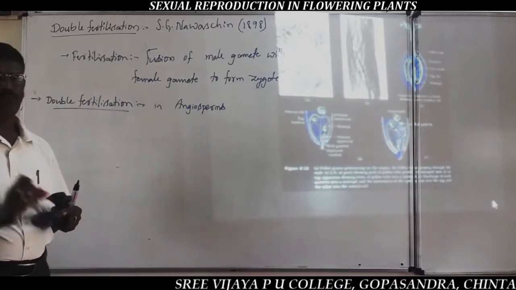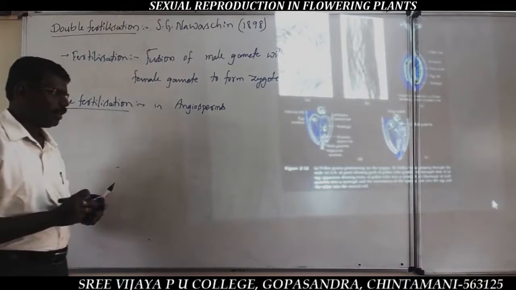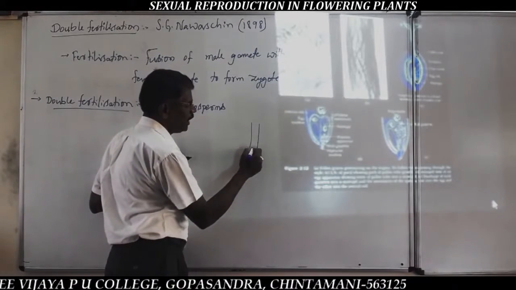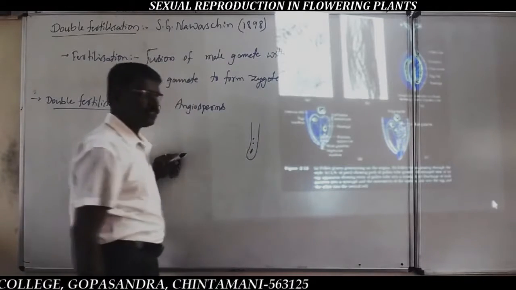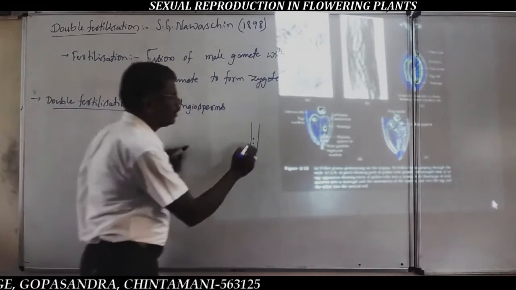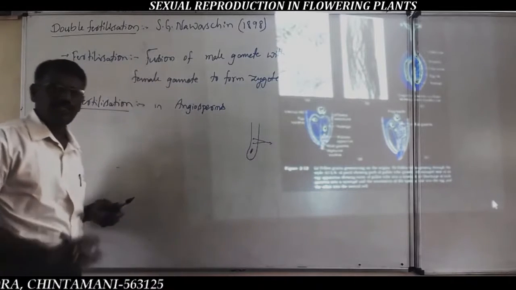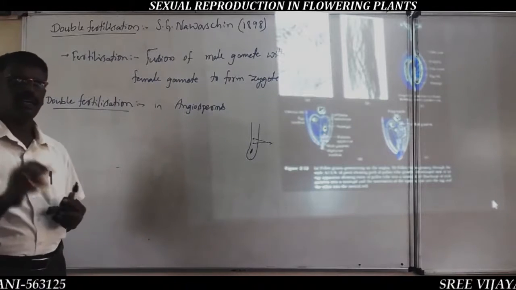There are two types of fusion of gametes, because we already discussed that the pollen tube carries the two male gametes and the vegetative nucleus. These two male gametes fuse with two different components, or two different cells, of the embryo sac.